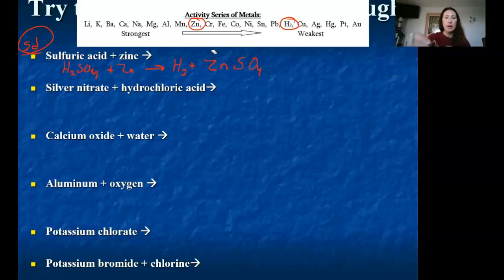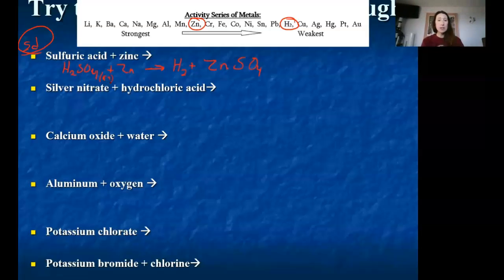We're good. Now we have to make sure it's balanced. That's our next step. We have to balance our reaction. So looks like we're set on that part. It's all balanced. Then we have to do our states. Acids are always aq.